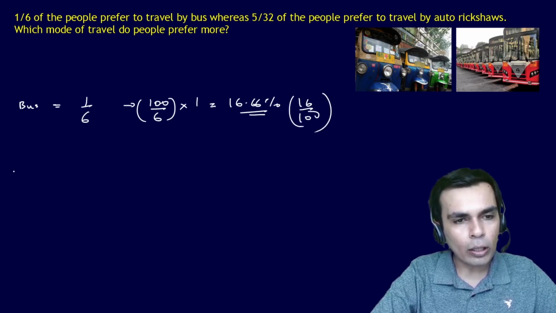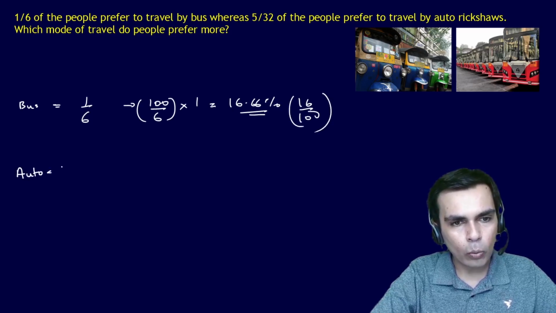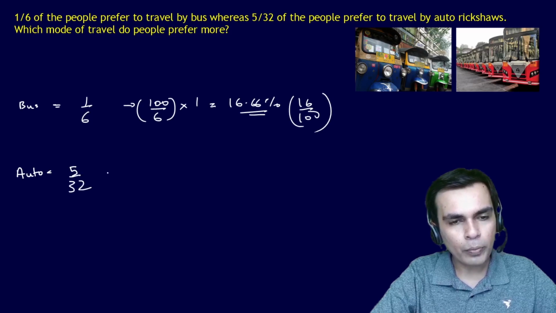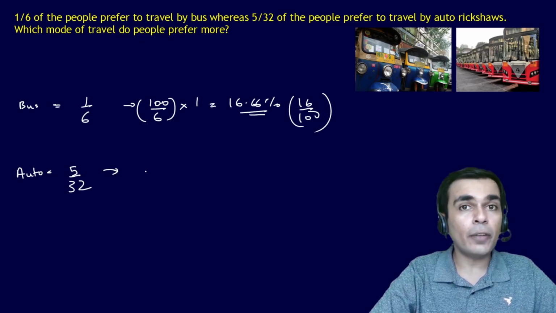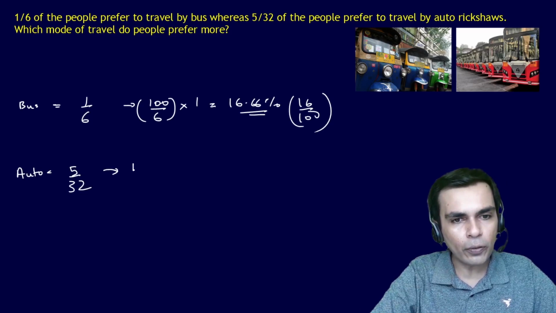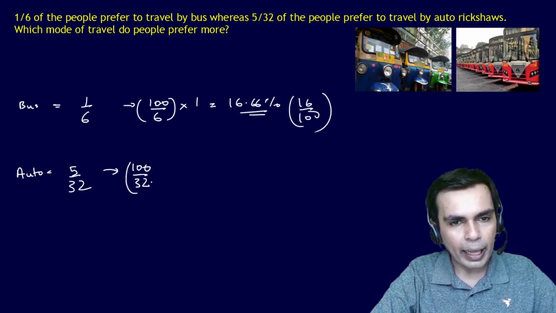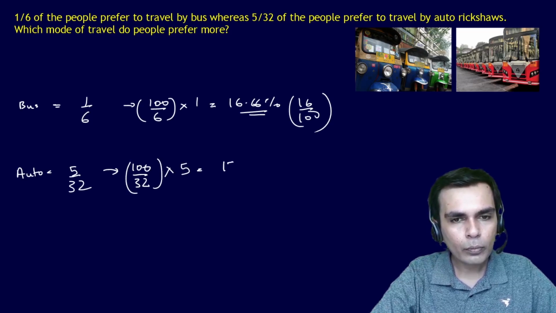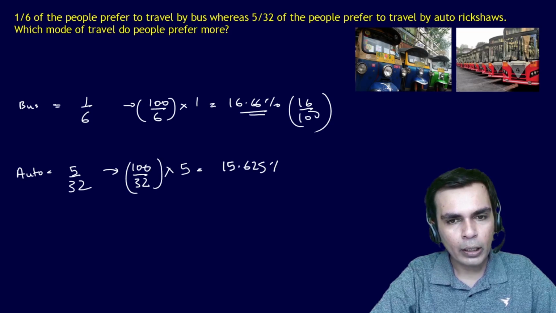And then we saw auto was 5 by 32. If it is out of 100, then each of these would be 100 divided by 32, and I will have 5 parts. Therefore, this will be 15.625%, which means 15.625 for every 100.